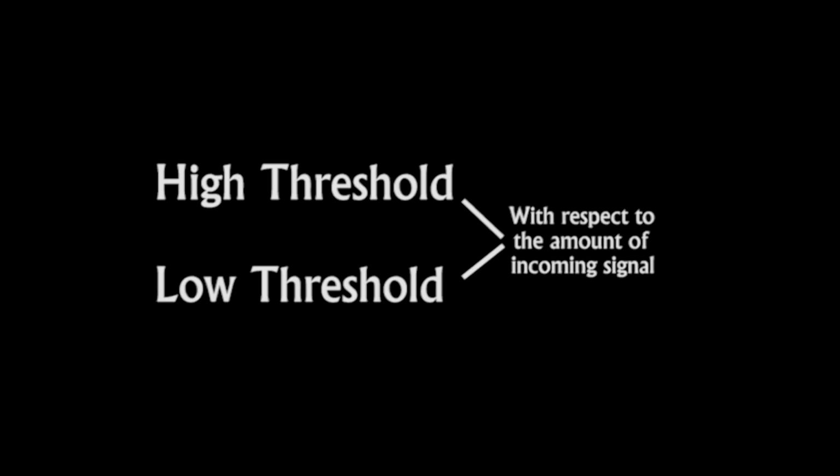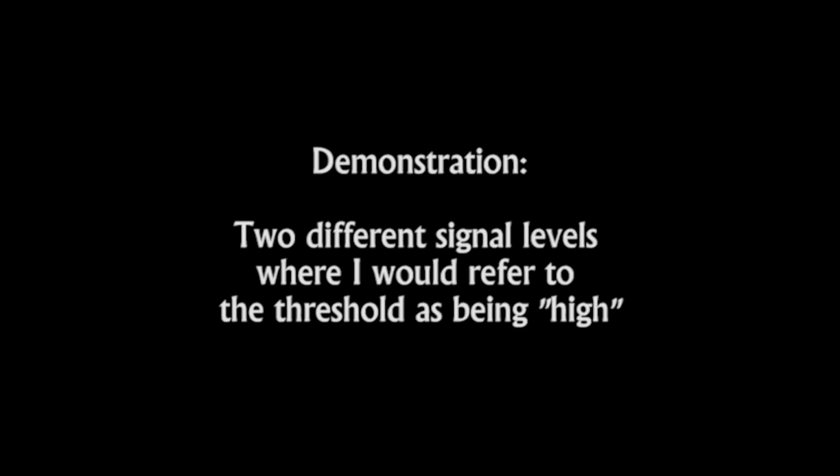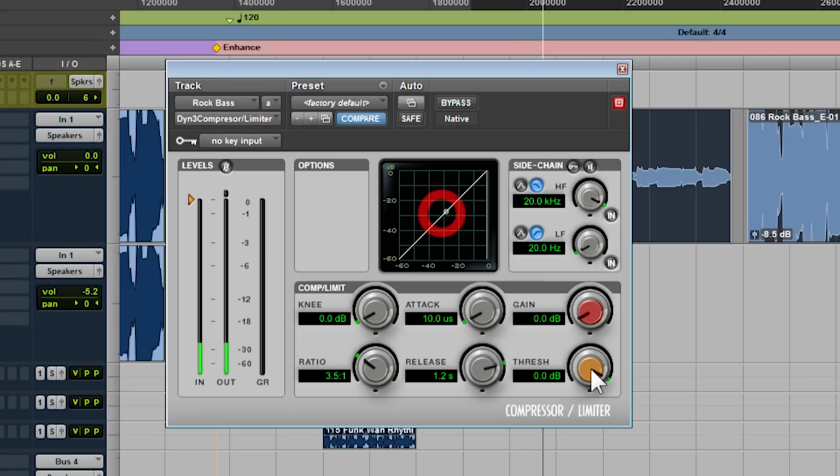Also, to avoid confusion, I'll be referring to high or low threshold settings with respect to the level of the signal coming into the compressor, not necessarily the dialed in setting on the compressor itself. For example, if a signal coming in is very low, then the threshold setting on the compressor will barely register any gain reduction because the signal is only just reaching the threshold.